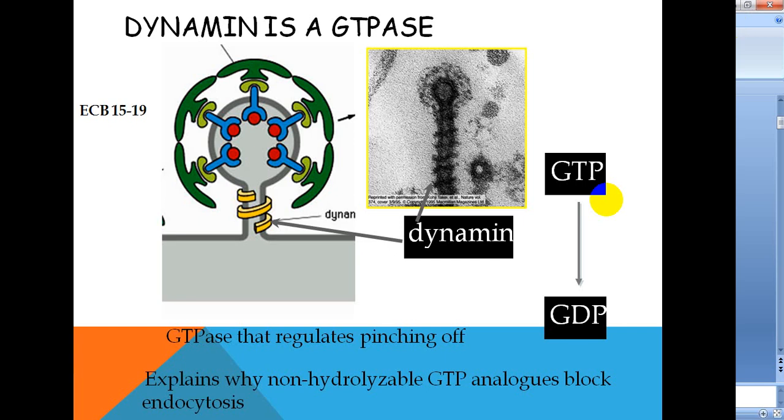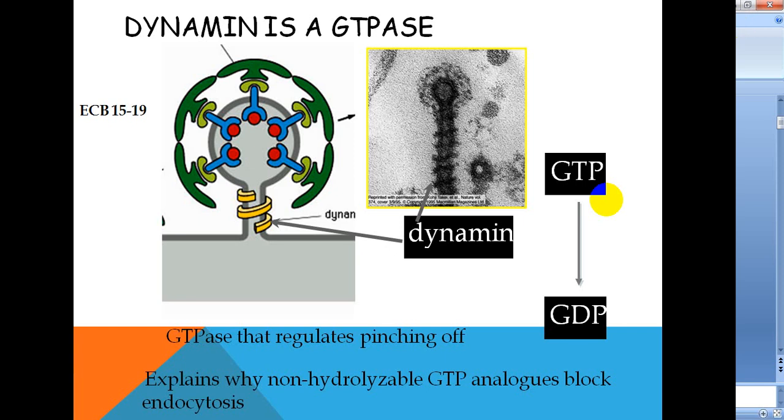So from this it is known that dynamin is a GTPase, because dynamin breaks GTP to GDP and inorganic phosphate, and the energy is utilized in pinching of the vesicle.